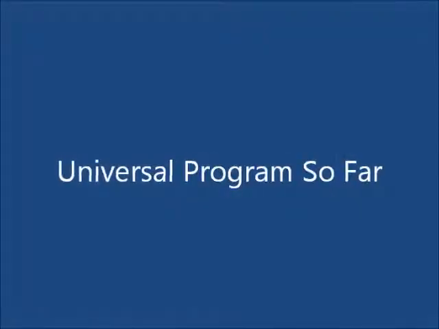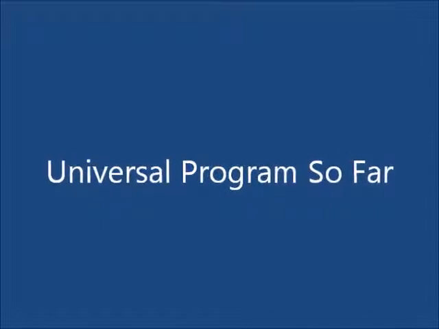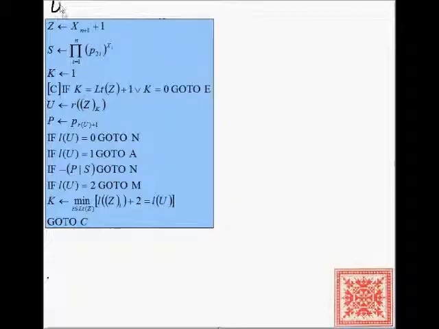Okay, so let's recap what we have constructed so far. U sub n is our universal program, and in the construction we follow Davis, Weyuker, and Sigal, Computability, Complexity, and Languages. It is their construction.